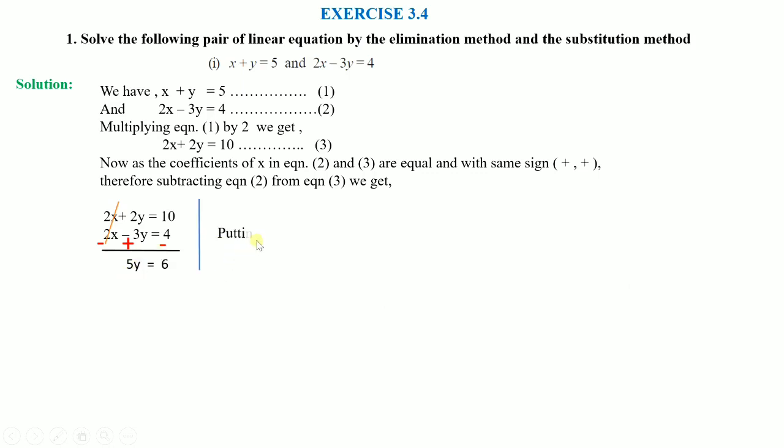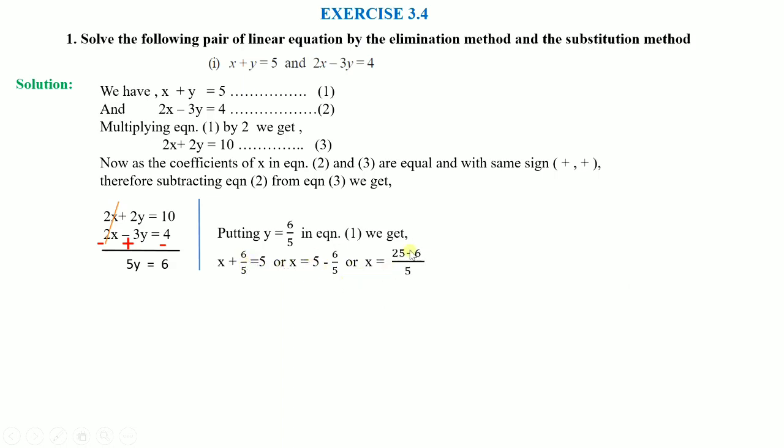Putting this value of y is equal to 6 upon 5 in equation 1. What is equation 1? x plus y is equal to 5. So we get x plus, in place of y we will put 6 upon 5, is equal to 5, or x is equal, transferring to the right hand side, 5 minus 6 upon 5.